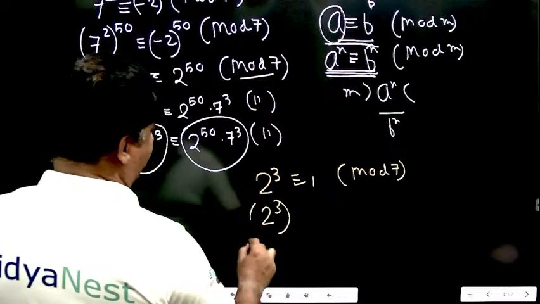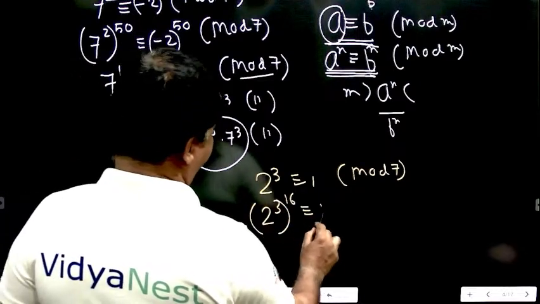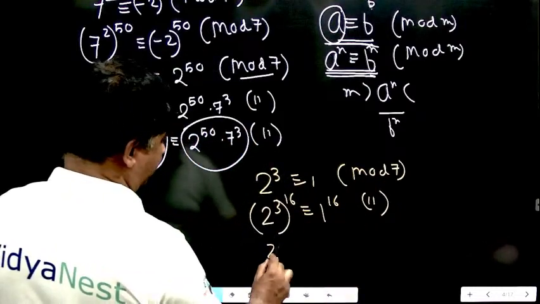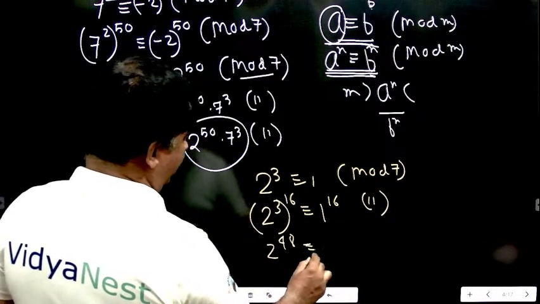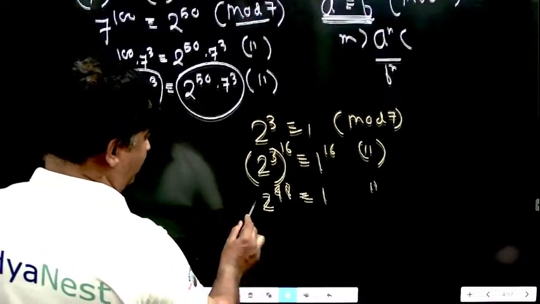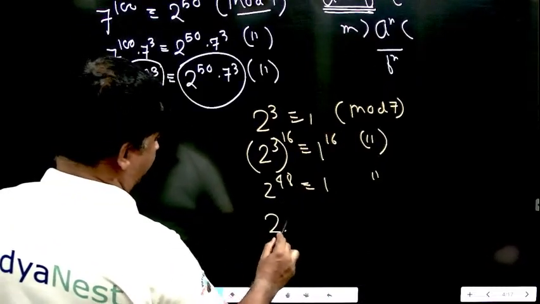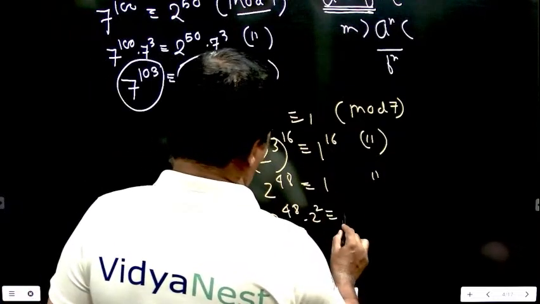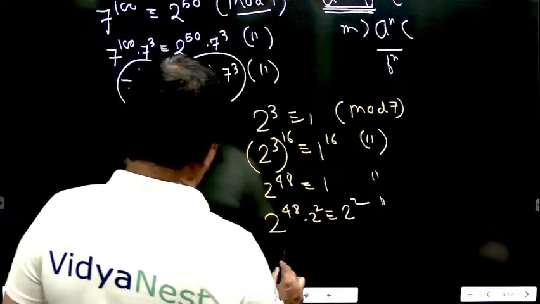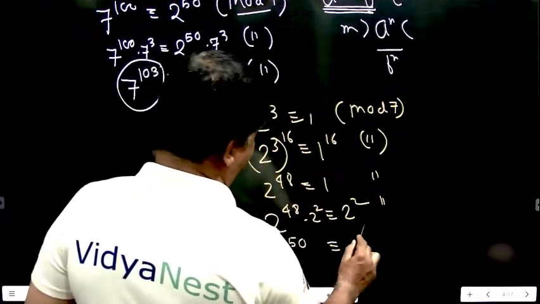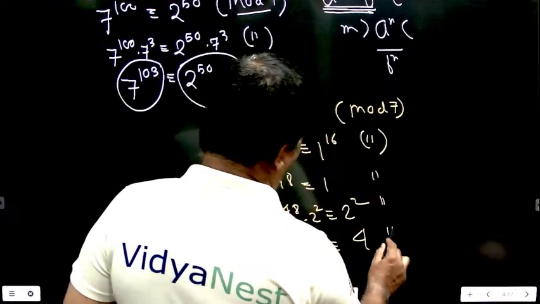Now you take the 16th power, 1 to the power 16. 2 to the power 48. But I have to get 2 to the power 50. So 2 to the power 48 into 2 square. That means if you divide 2 to the power 50 you will get 4.